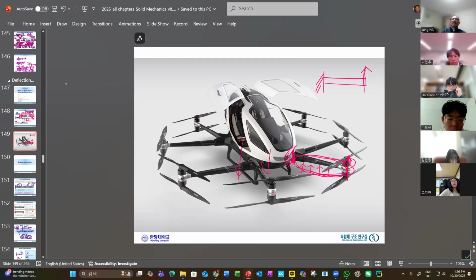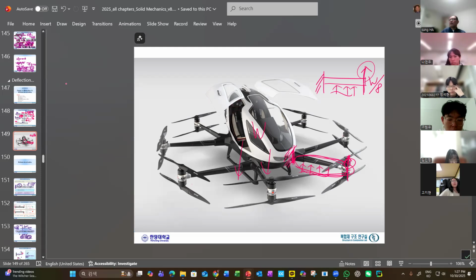Let's neglect the distributed load. Since we have eight, I would say total load W divided by eight to be in equilibrium. That's one thing we can model.